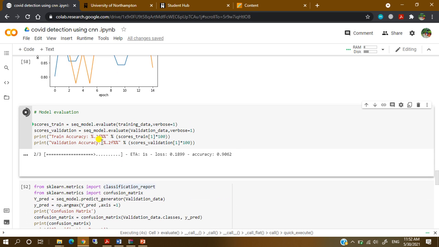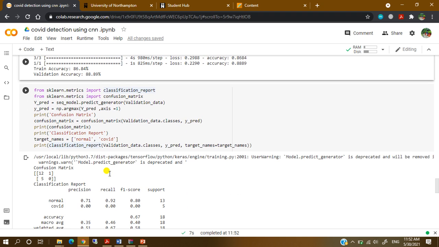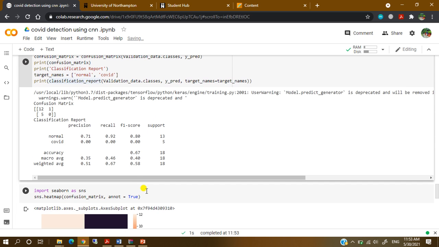Here we get the training accuracy and validation accuracy. The training accuracy is 86.84 percent, and the validation accuracy is 88.89 percent. That means it's working. The accuracy is increasing, which means the detection of images and parameters is working. Here is the classification report.